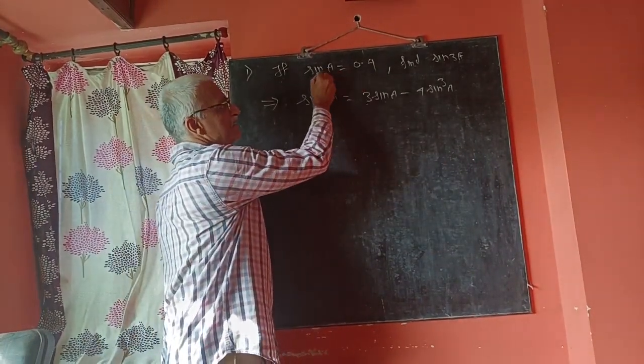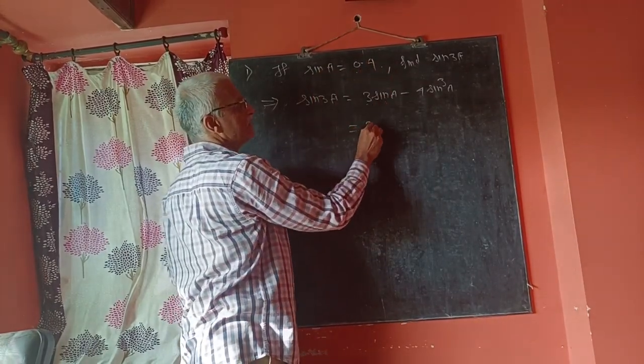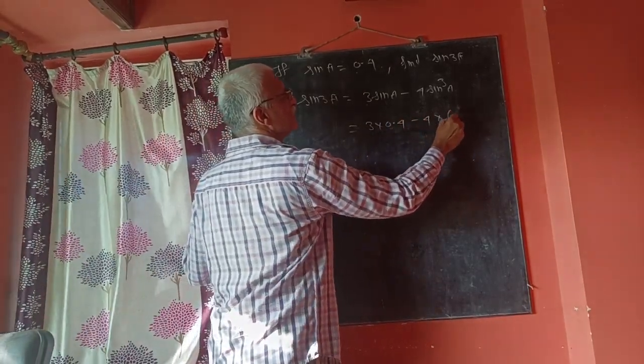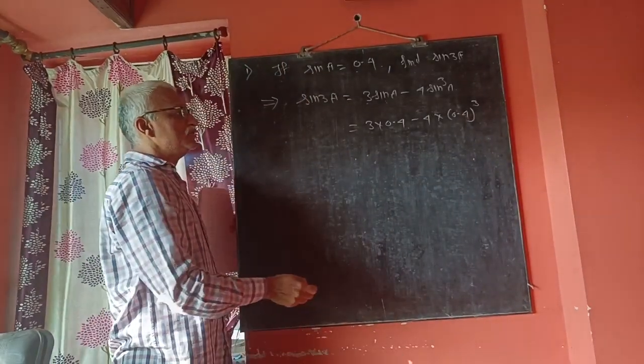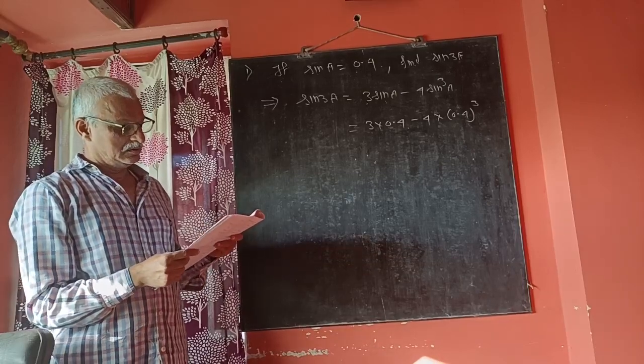But the value of sin a is given. Sin a is 0.4. So substituting this value, 3 into 0.4 minus 4 into 0.4 the whole cube.